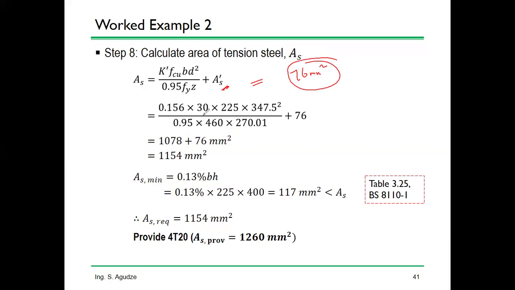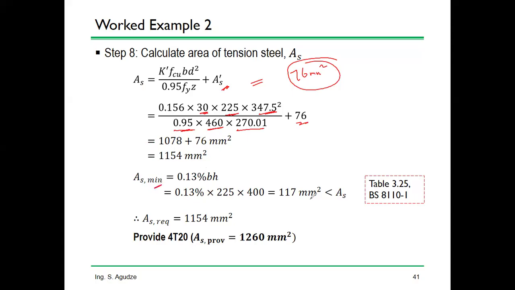So we do the substitutions. This is the grade of concrete, section width, effective depth, the factor, the characteristic strength of reinforcement, and this is the z, the lever arm, then plus the 76. Together these give 1154 mm squared.